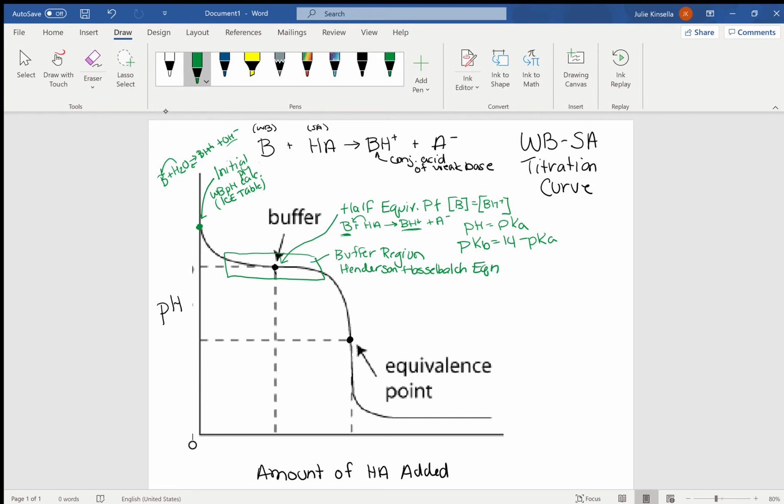All right, moving on to the equivalence point, which is already labeled for you. This is the point where, if we go back to the original equation, you have your weak base and your strong acid. Those have been completely consumed. So at the equivalence point, it's really about the conjugate acid of the weak base and seeing it as a salt.